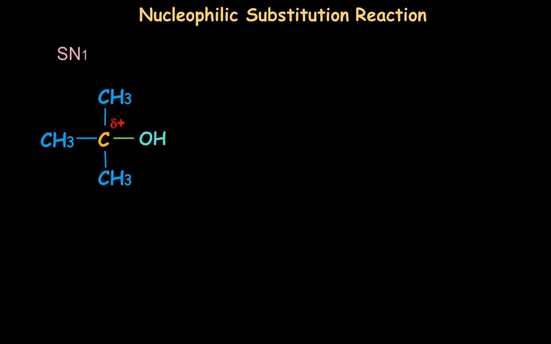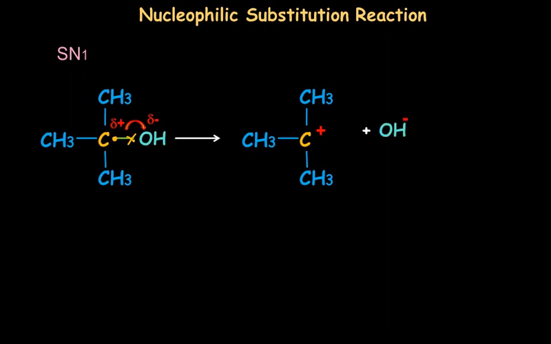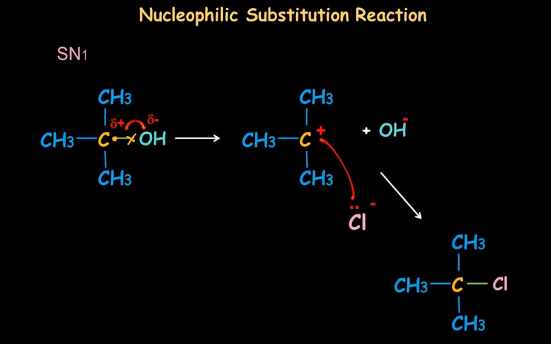Now carbon carries the partial positive charge and the alcohol part of the compound, that is the hydroxyl group, carries the partial negative charge, and when the bond is broken, the bonding pair of electrons is taken by the hydroxyl group, and so the intermediate carries a positive charge and the hydroxyl group carries the negative charge. Then the incoming nucleophile, having the lone pair and the negative charge, approaches the positive carbon to form the final product.